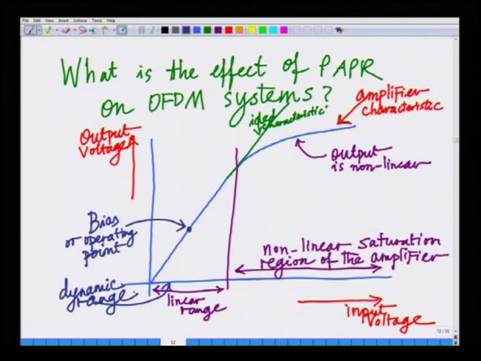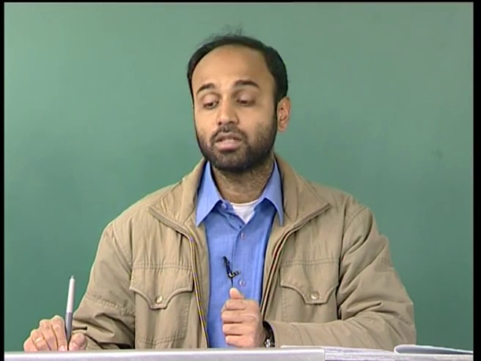As long as the signal swing is limited to this dynamic range, the input and output are linearly related. That is, around this mean, if the deviation of the voltage is small, then the signal is still confined to the linear amplification range, similar to an SC-FDMA system.